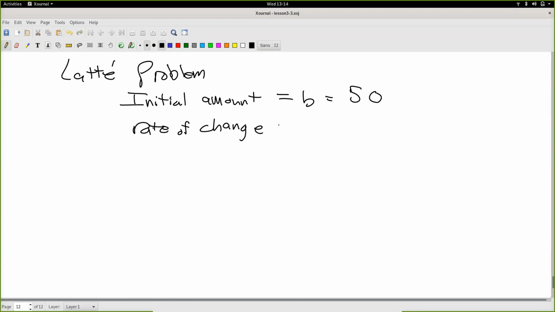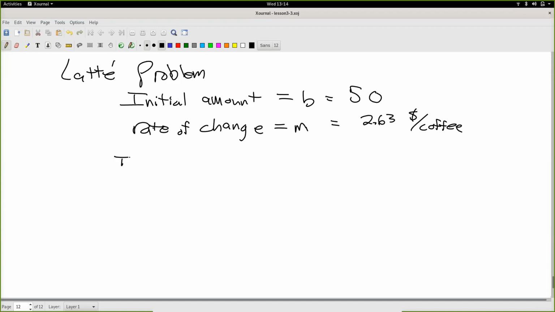If it is, then we can do an equation like this. So the rate of change, that's our M, and that is 2.63. And off to the side, I'm just going to write that's dollars per coffee, or latte. I guess I should call it a latte, but I'm going to call it a coffee.